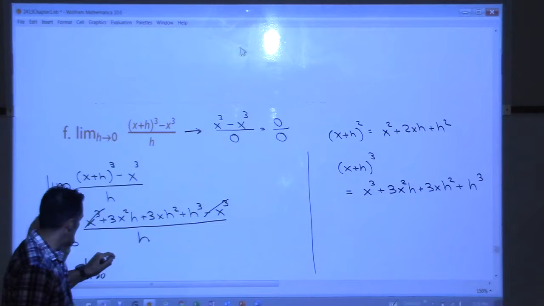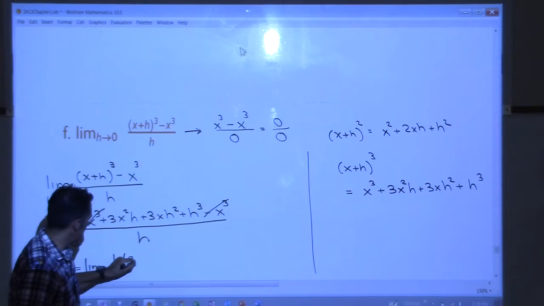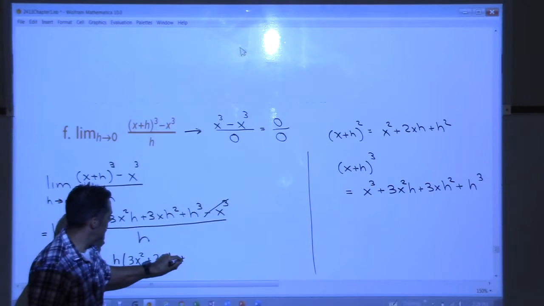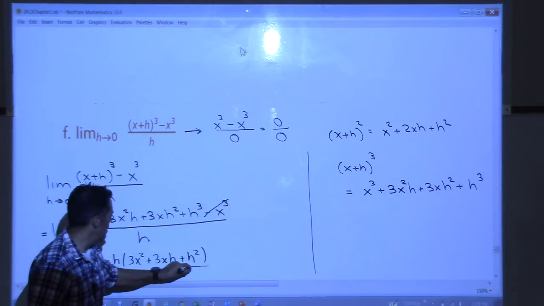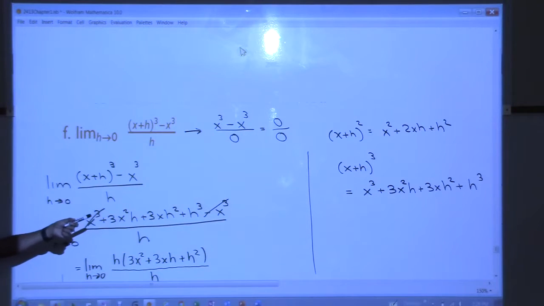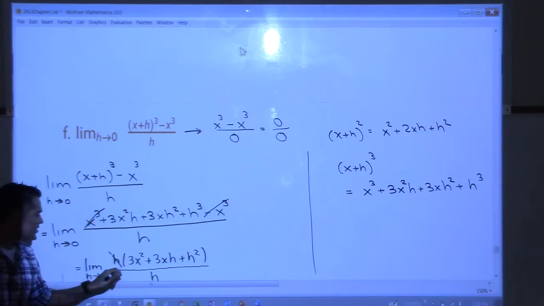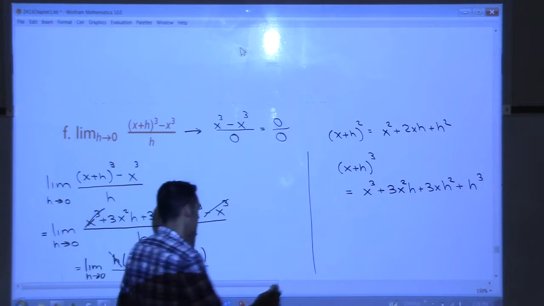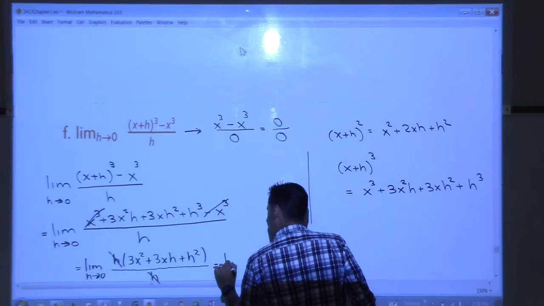So when I do that, I get h pulled out: 3x squared plus 3xh plus h squared, all over h. So that's me pulling an h out of each of the terms that were left. The h is canceled. That's all difference quotient. You've done that before. It's this last step that makes it calculus. And that is the limit.